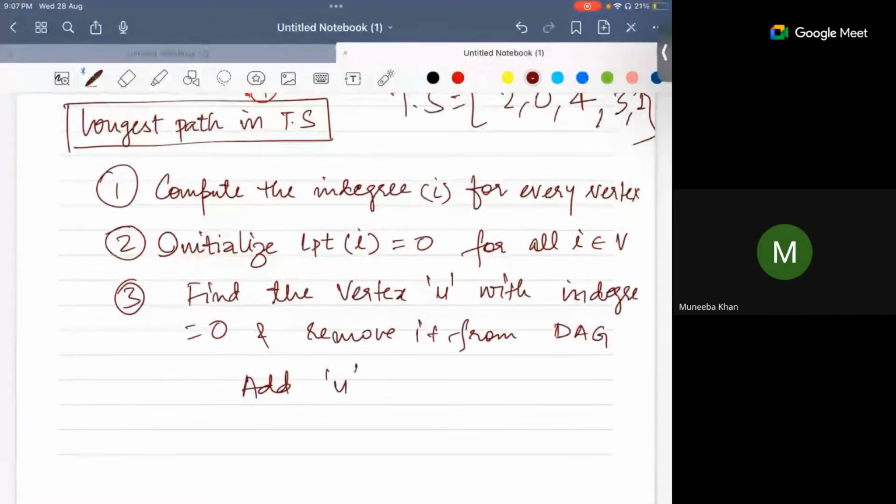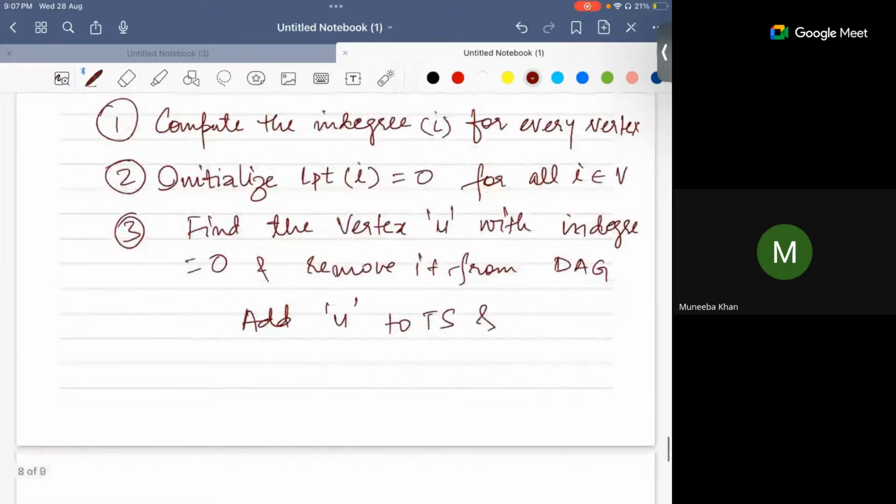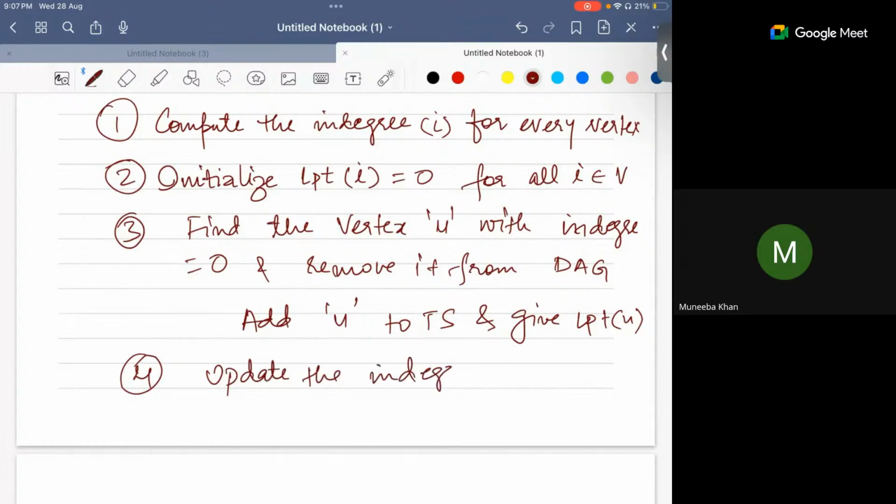Add that vertex U to the topological sorting, the same thing, and give the longest path to that U. The next step would be update the in degree for all the vertices. Same step.